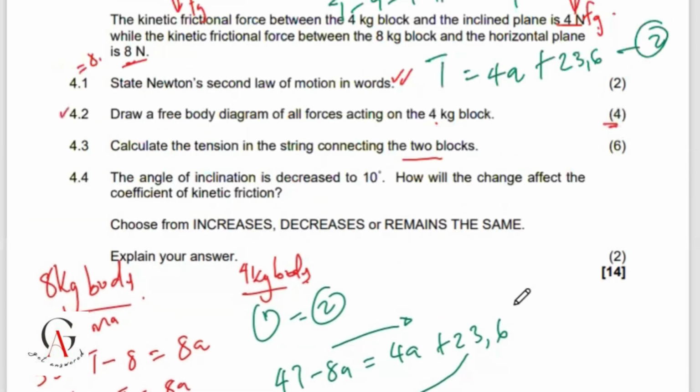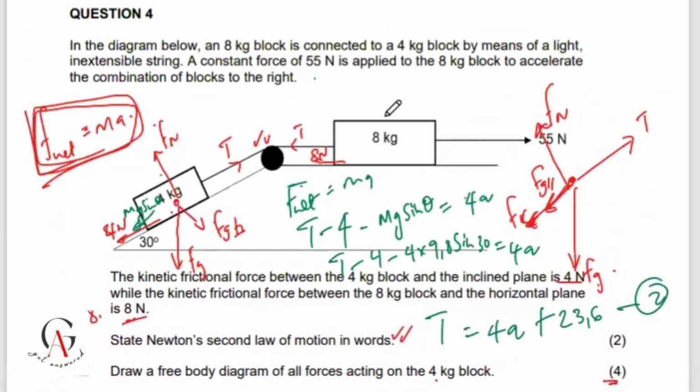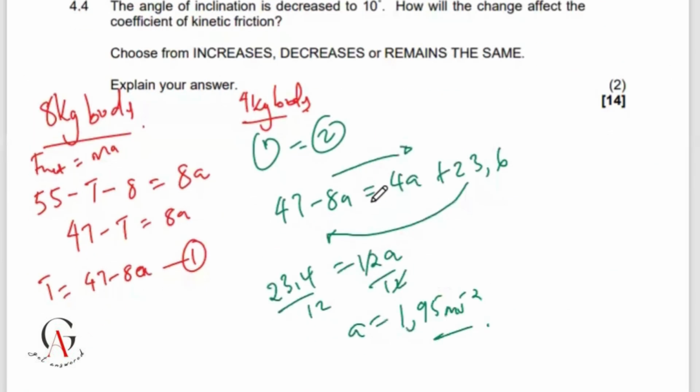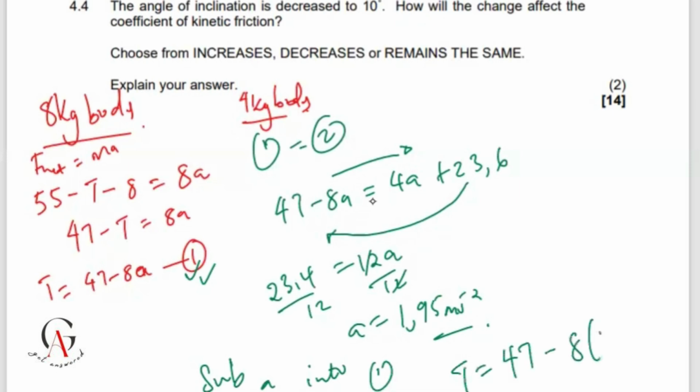The question is asking for the tension that is connecting the two blocks. So let's substitute this 1.95 into equation 1. Substitute a into equation 1, so that our T is 47 minus 8 times 1.95.